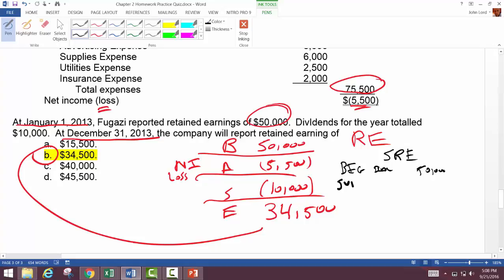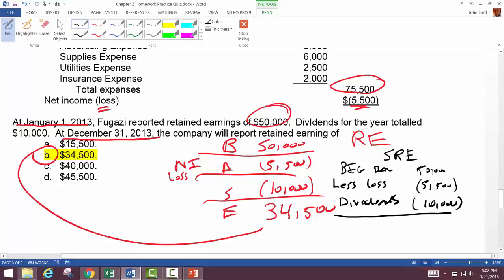Subtract, thank you. I'd say less loss. How much is my loss? 5,500, right? Less dividends. And the dividends are what? 10,000?